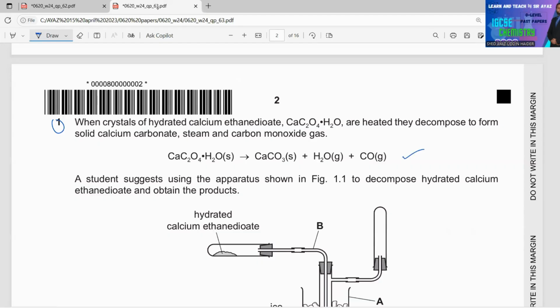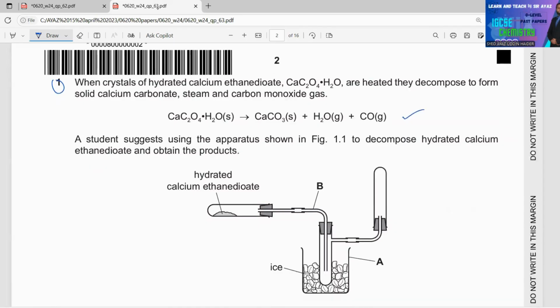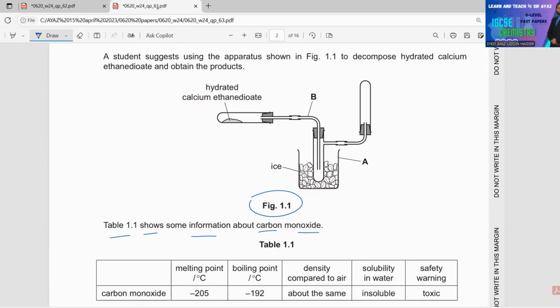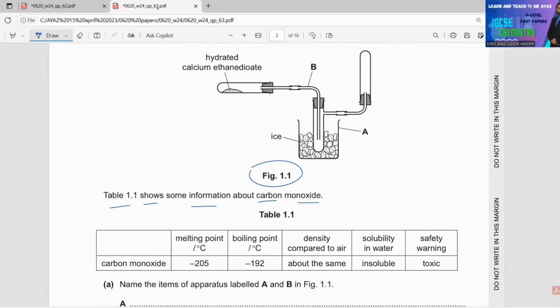A student suggests using the apparatus shown in figure 1.1 to decompose hydrated calcium ethanedioate and obtain the products. Table 1.1 shows some information about carbon monoxide: the melting point, boiling point, density, solubility in water, and safety warning, that it's toxic.